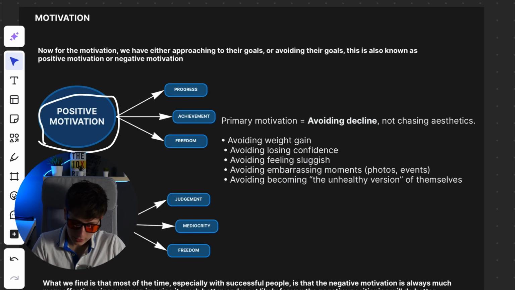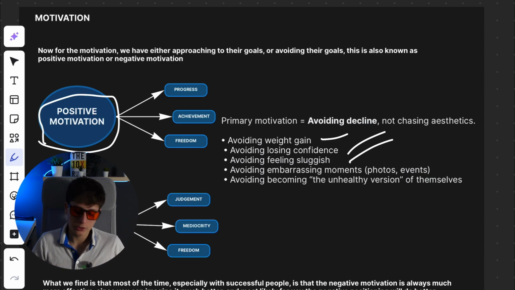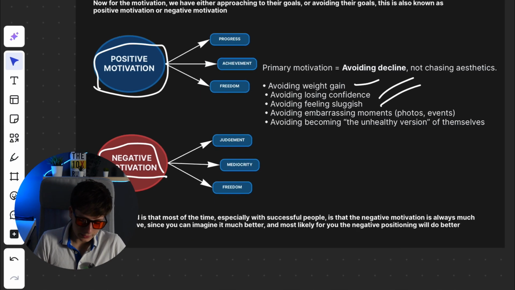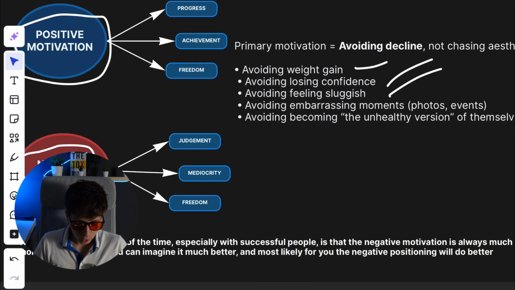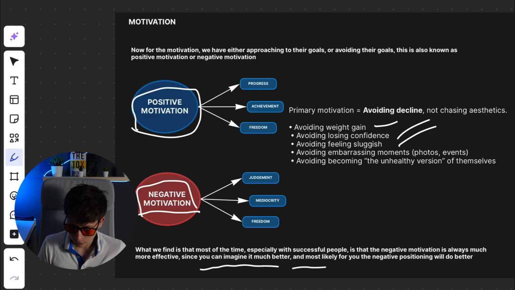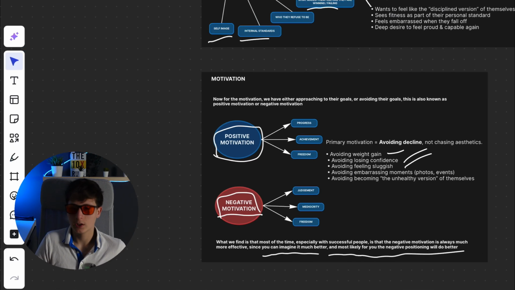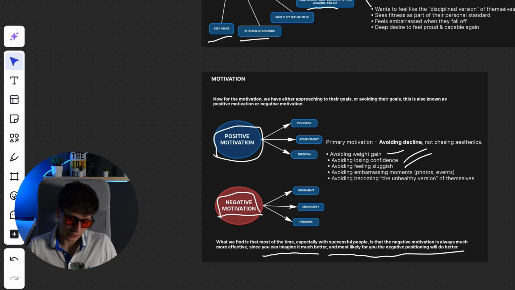So avoiding weight gain, avoiding losing confidence, avoiding feeling sluggish. So this is all part of the motivation for them to actually move forward and move past that. What we also find is that negative motivation is always much more effective for successful people, since you can imagine it much better. And most likely for you, negative positioning will do much better. So yeah, that's the negative and positive motivation.